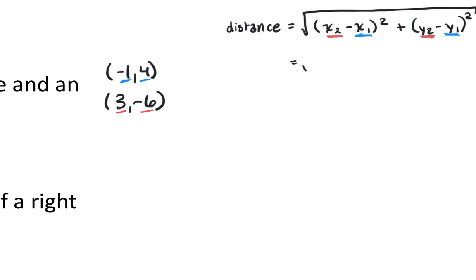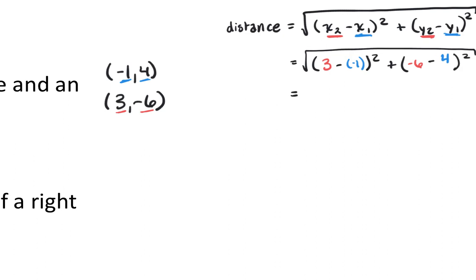So if we're trying to find the distance, we're trying to find the square root of x2, which is 3, minus our x1, which is -1, and we're squaring all of that, plus y2, which is our -6, minus our y1, which is 4. And we're squaring all of that.